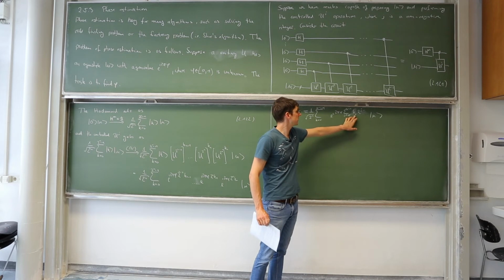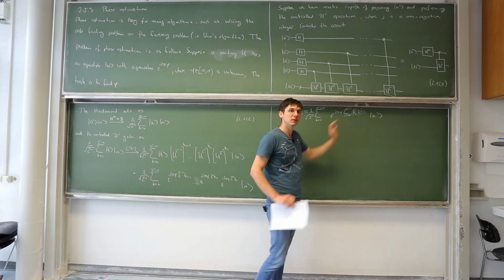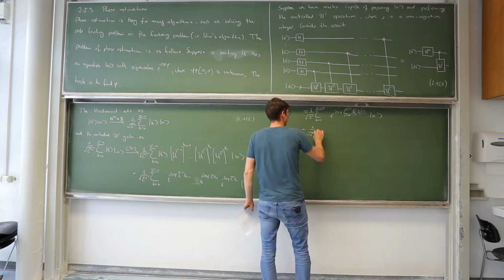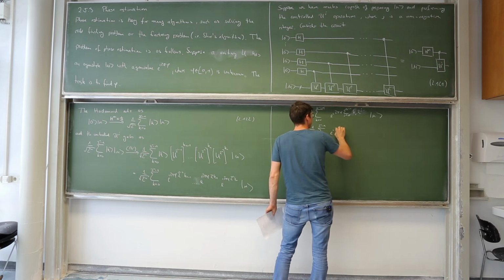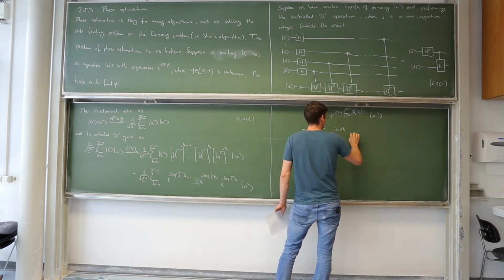And here what you see is that this is nothing else but an expression for k as a decimal number: e^(i 2 pi phi k) times u.